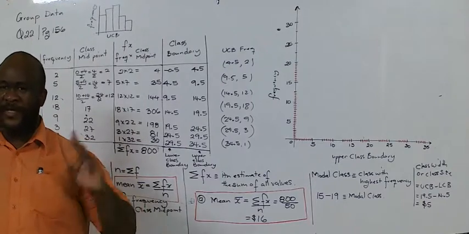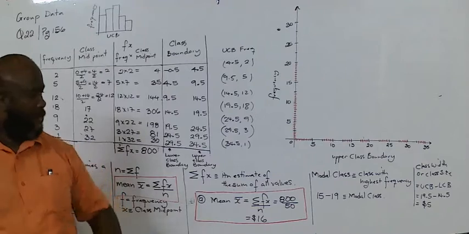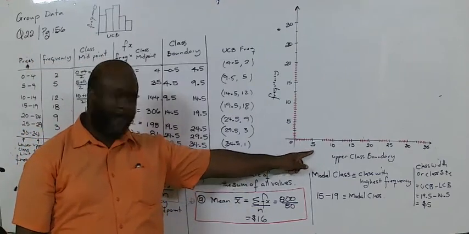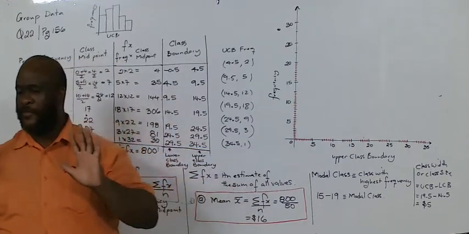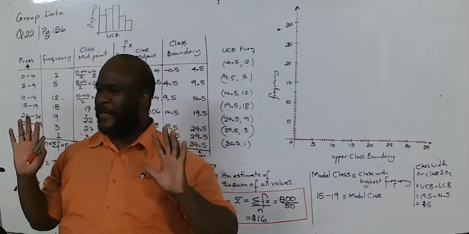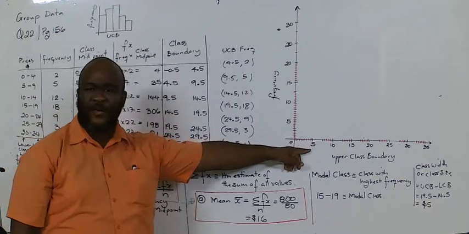If 1 is divided into 5, 2 will be divided into 10. But this 2 centimeters represents what? 5. So the 5 units are divided into how many equal parts?